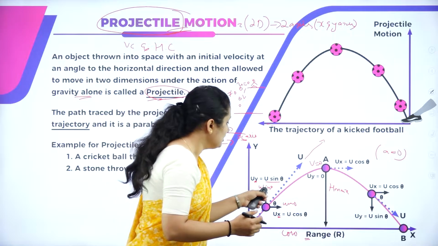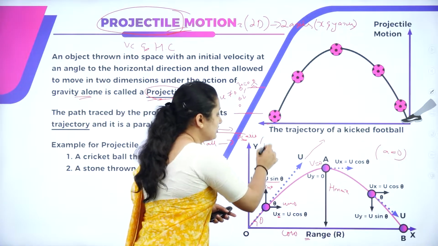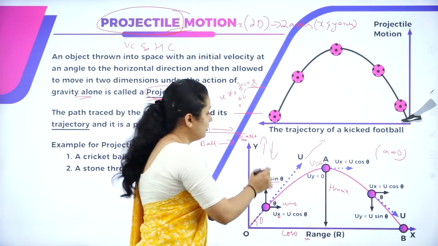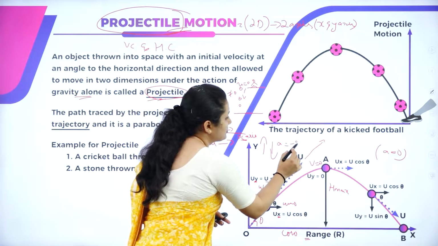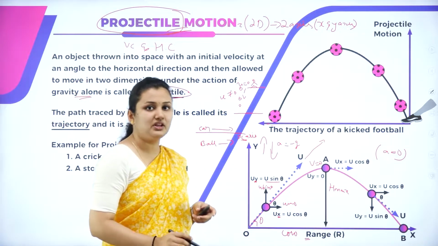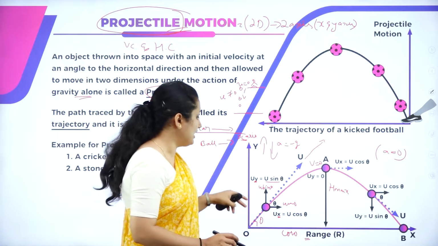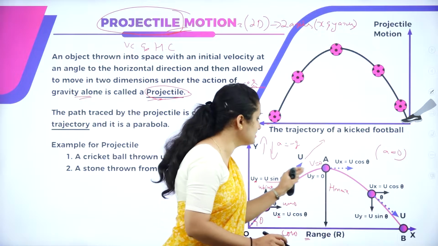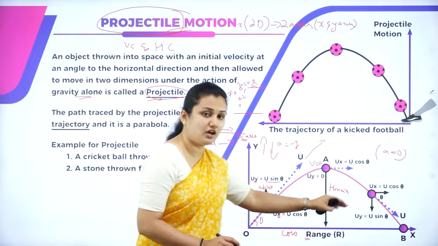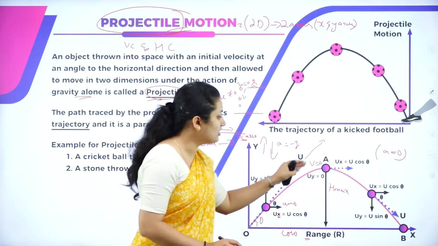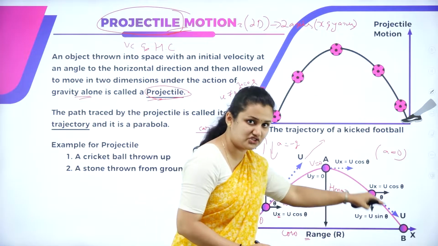If the ball is thrown up, due to gravitational force it will be pulled back. So a is equal to minus g. We had studied this in the previous session. So for the vertical component, a is equal to minus g, and for the horizontal component, the velocity is not changing, it is constant throughout each point on this trajectory.